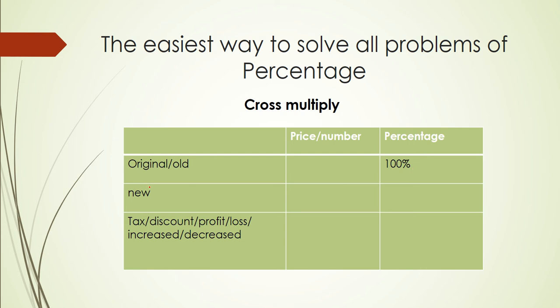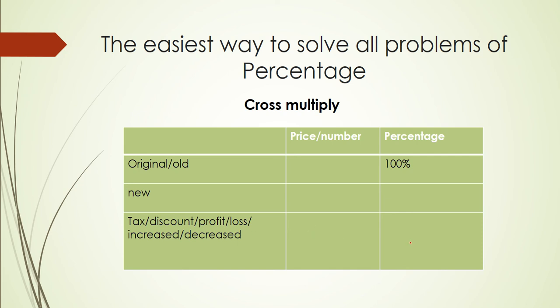The new value, new cost, new number of people, we are going to write over here, and the increased or decreased percentage we are going to write over here. The third variable is tax, discount, profit, loss, increase or decrease, whatever they have given us, we are going to write over here.